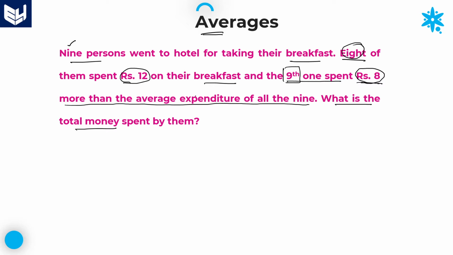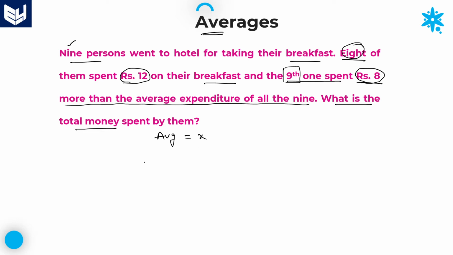We don't know the value of the average expenditure of all the 9 members, right? So I will take the average as x rupees. The average of all 9 members is x rupees.